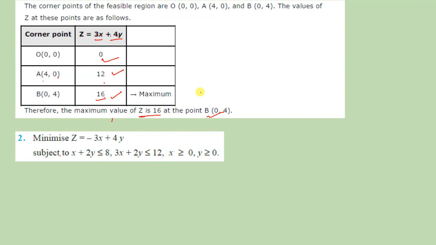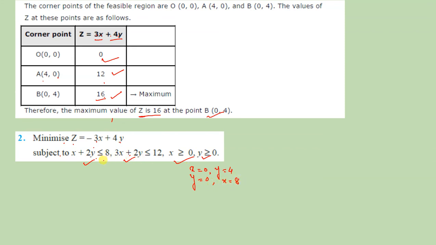Let us take another problem of minimization. Minimize Z equal minus 3x plus 4y subject to these 4 constraints. So we will draw the graph of these inequalities first. For the first inequality, when you put x is 0, you will get y is equal to 4, and when y is 0, you will get x is equal to 8.